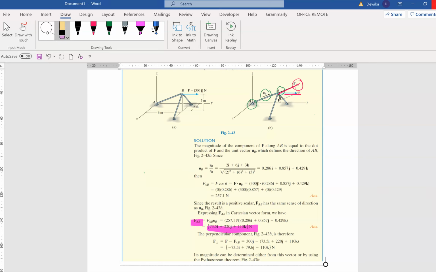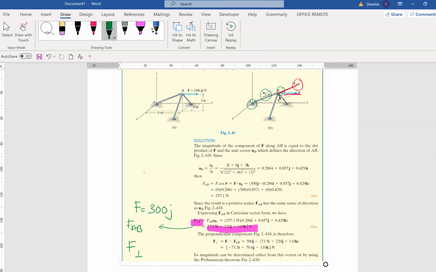We have F, which is 300J, and then we have FAB here, isn't it? We have FAB. So what you need to find is your force perpendicular.